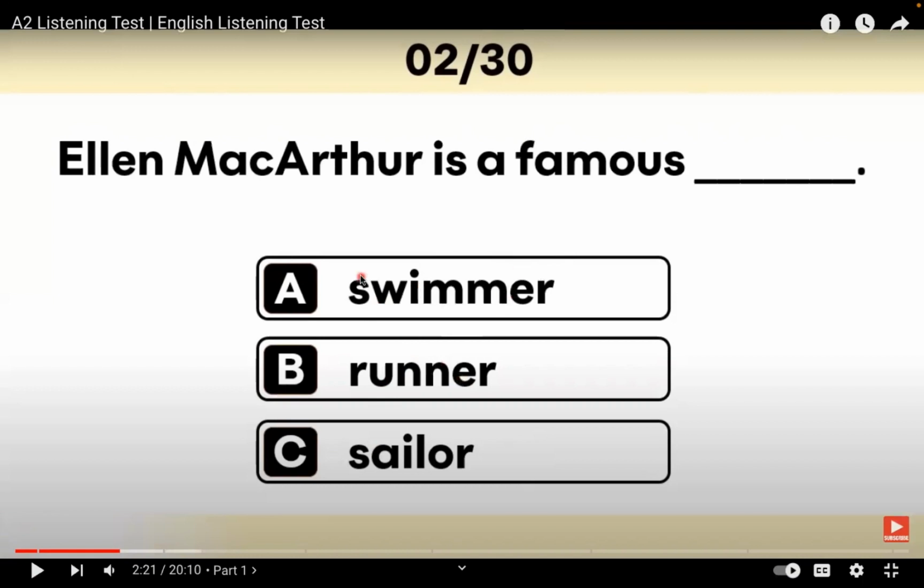So which one is the correct answer? A, B, or C? Runner. Ellen. C. C, sailor, or A, swimmer, B, runner? Let's have a look. So Ellen MacArthur is a famous sailor.